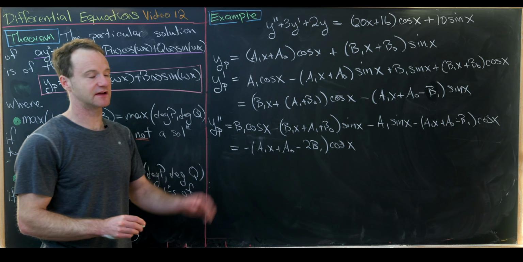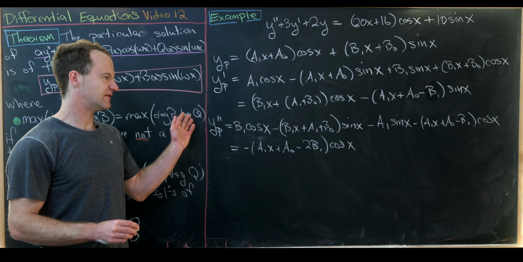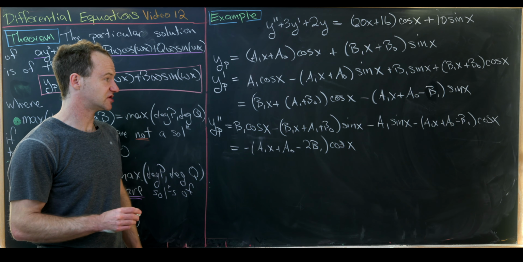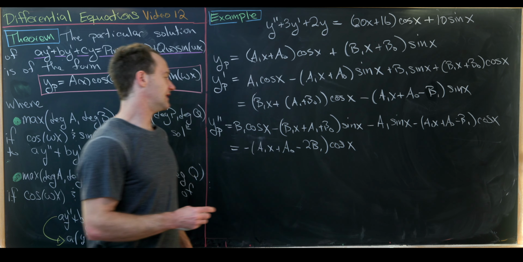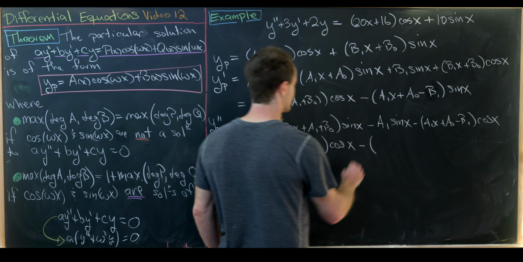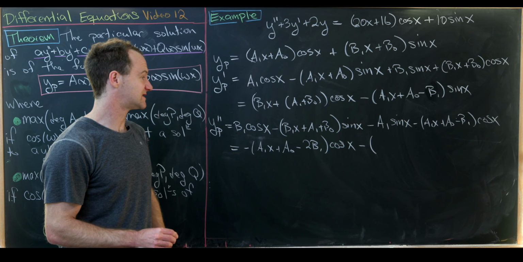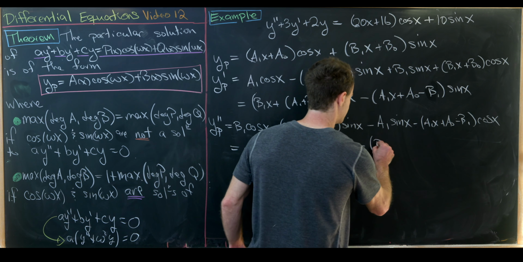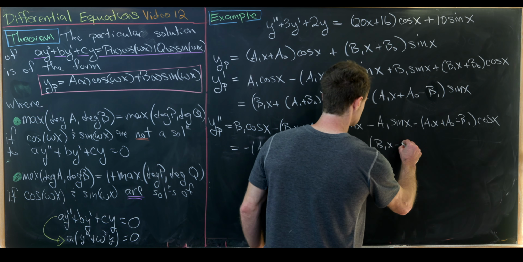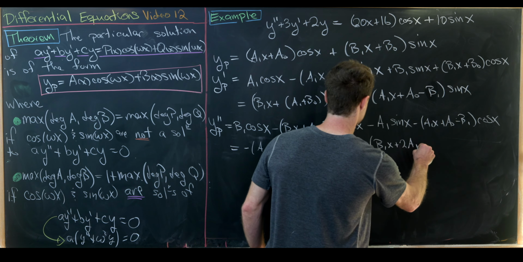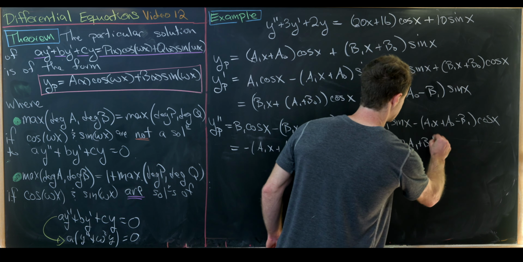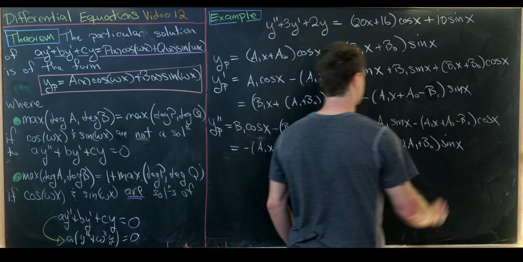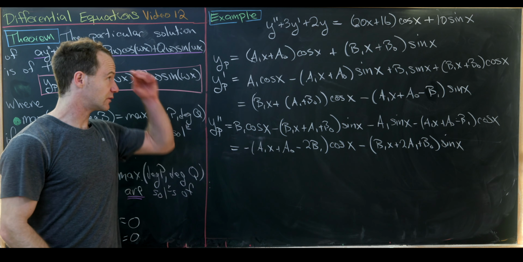So something like that I think works nicely. Notice that I factored a minus sign out and that changed some signs. And then the coefficient of sine will be b1x plus 2 times a1 plus b0 times sine of x. Okay, so there we've got it.